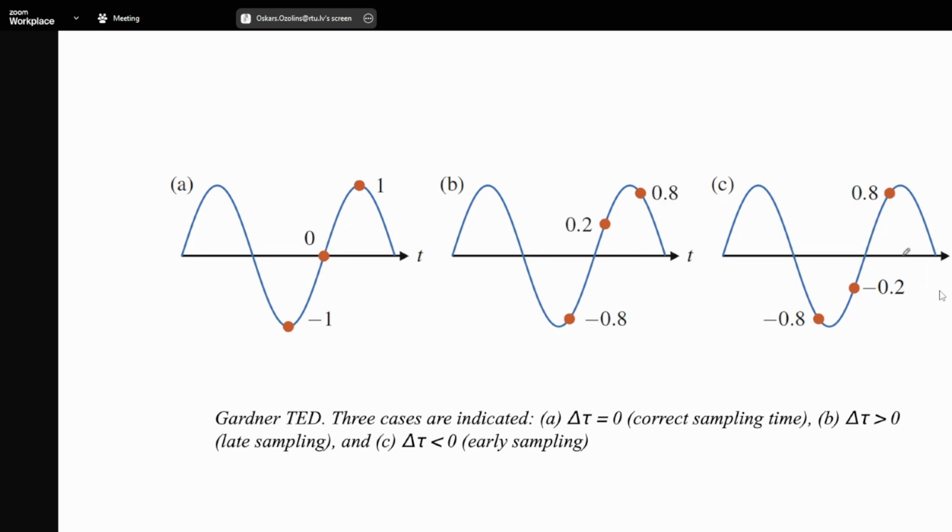So this can happen, and you need to correct for these samples. This is done by upsampling the signal, then you find the right sample, and you can interpolate to find the best one.